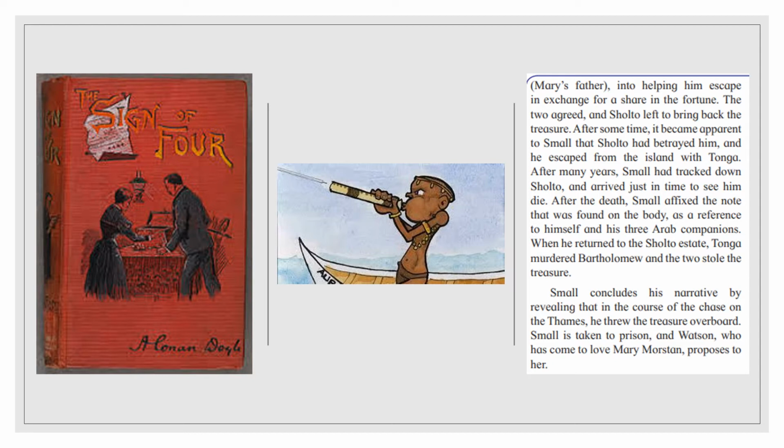When he returned to Sholto's estate, Tonga murdered Bartholomew and the two stole the treasure. Small concludes his narrative by revealing that in the course of the chase on the Thames, he threw the treasure overboard. Small is taken to prison, and Watson, who has come to love Mary Morstan, proposes to her.